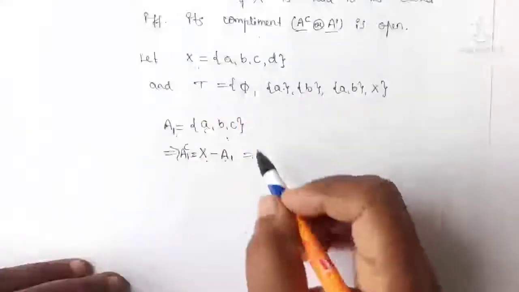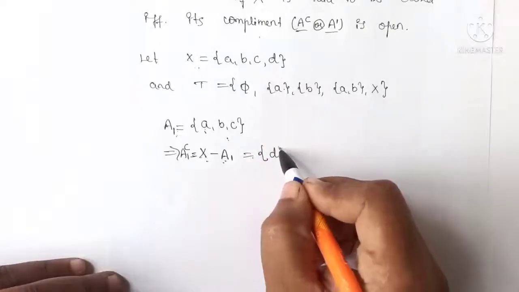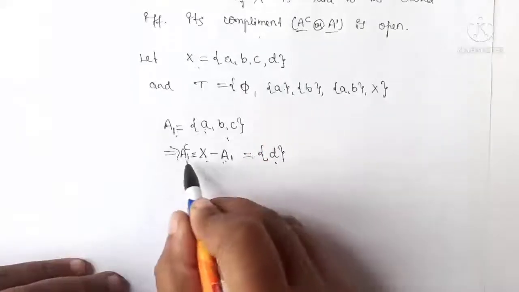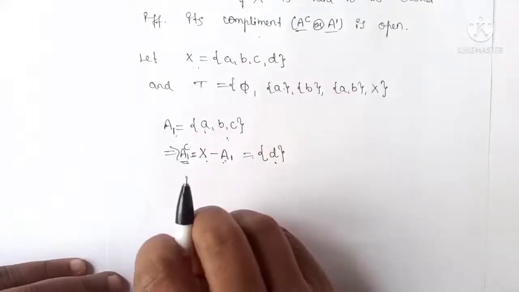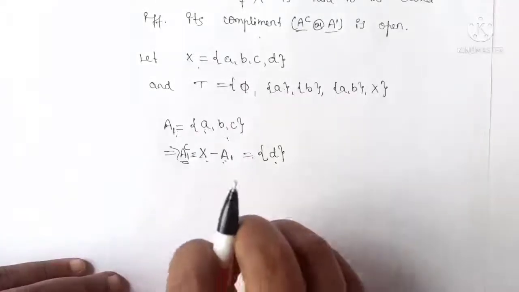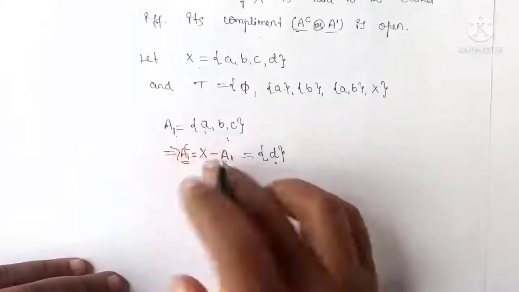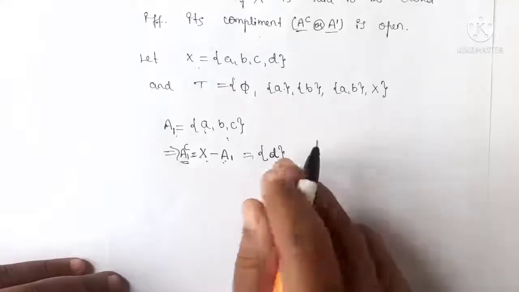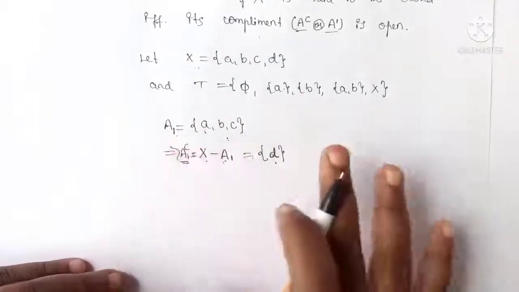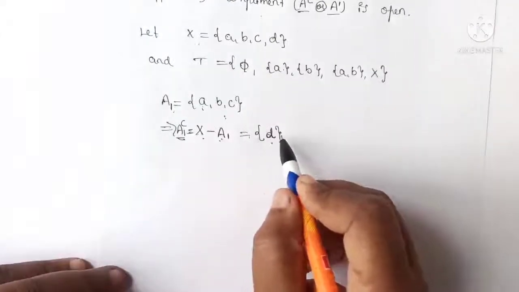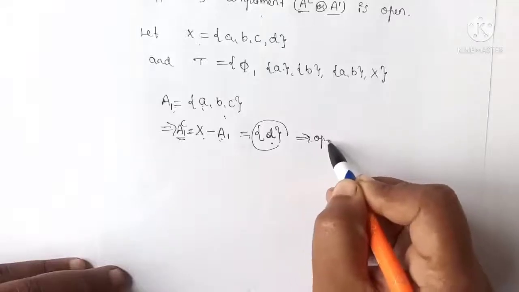So X minus A1 is only the element D. So in order to get the complement, you should consider only those elements which do not belong to A1. Now we have to check whether this {D} is open or not.